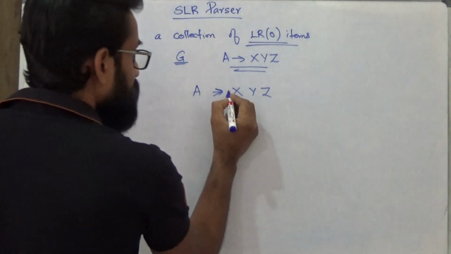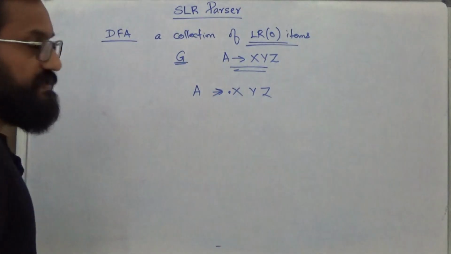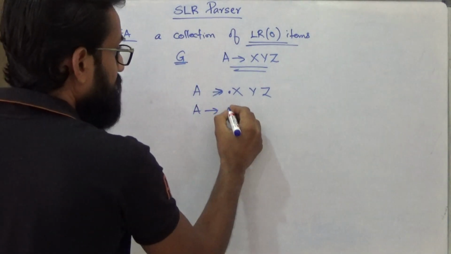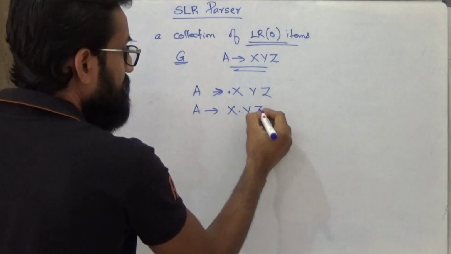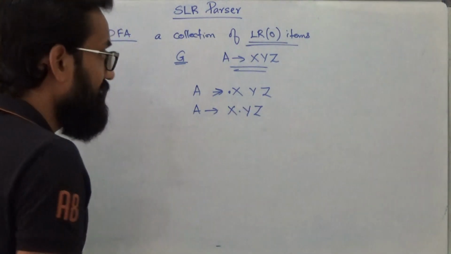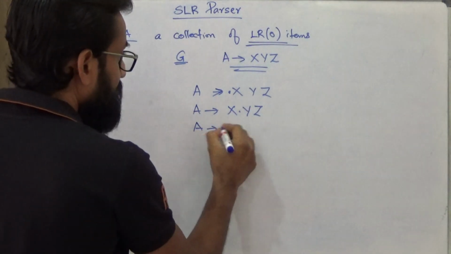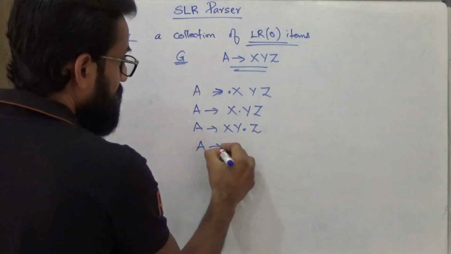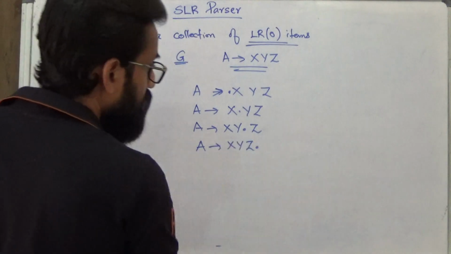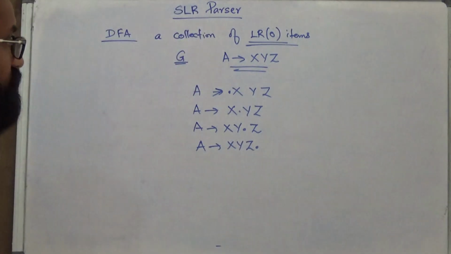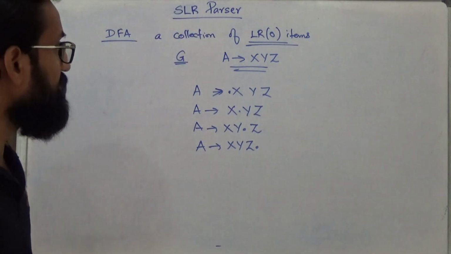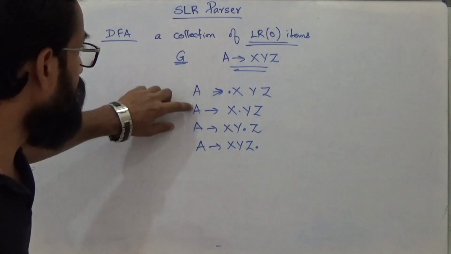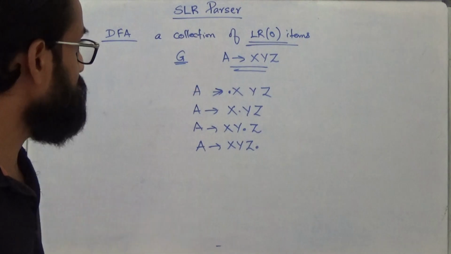For example, if I write A giving dot XYZ, it is actually an LR0 item. If I write A giving X dot YZ, it's again an LR0 item. If I write A giving XY dot Z, it is an LR0 item. If I write A giving XYZ dot, then this is also an LR0 item. So if I am having a production A giving XYZ, I can have 4 different LR0 items.